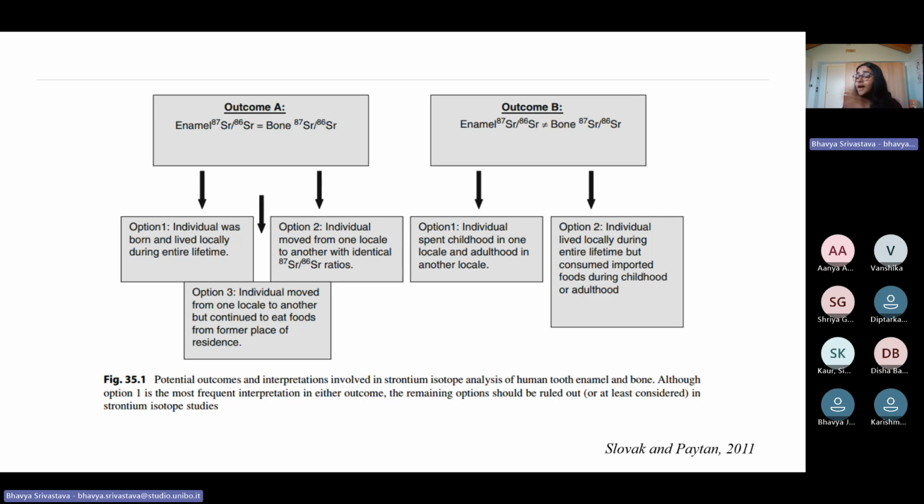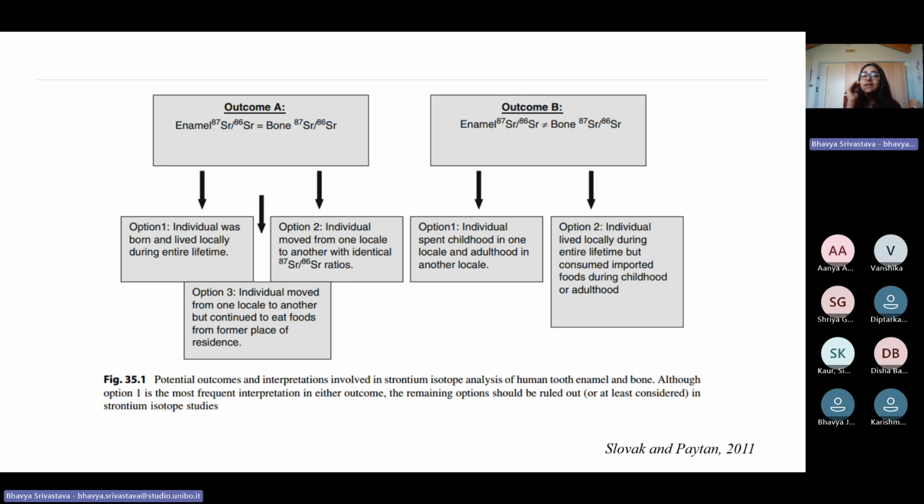The other outcome could be that the ratio is not the same, which suggests mobility or movement, because the person would have been born in one region, consumed food in that region till they were a child, and then moved to another region. In the later phases, because the strontium ratio is different in the bones, it would suggest that they moved to another region, and therefore movement has occurred.